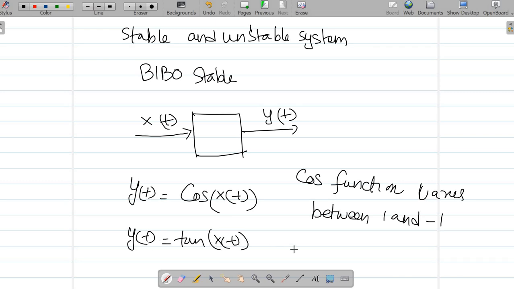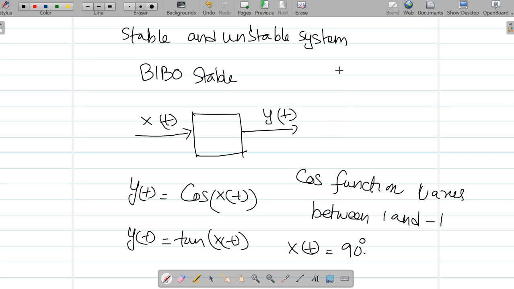Suppose x of t happens to be 90 degrees, then the output will become unbounded. So such a system is unstable. So we have seen what is meant by a stable system and what is meant by an unstable system.